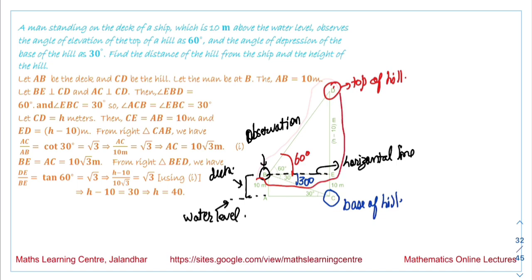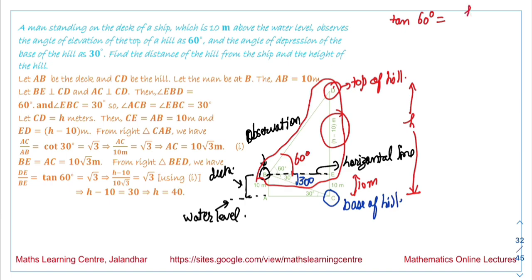If we talk about this triangle BED, we have tan 60 degrees equal to, suppose the height of this hill is h, this distance is given to be 10 meters, so the remaining distance is h minus 10, over BE, the distance between the ship and the hill, and this value is equal to square root 3.